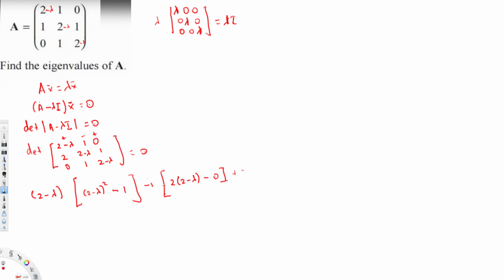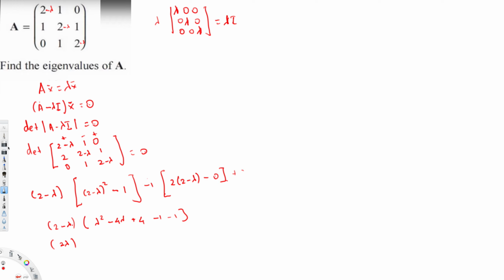So let's do this one right here. If I multiply and solve, the squared part gives lambda squared minus 4 lambda plus 4, minus 1, and this is going to be 2 minus lambda.